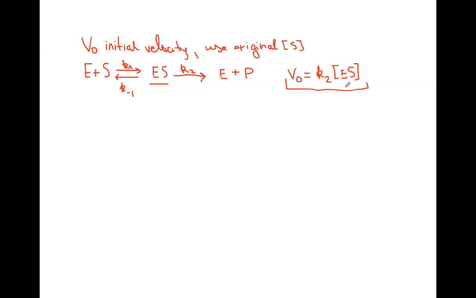Now, the main question is, how do we know what this enzyme substrate complex concentration is? We need a way to express this using parameters which are known or can be obtained by experiment. And here is our main assumption.